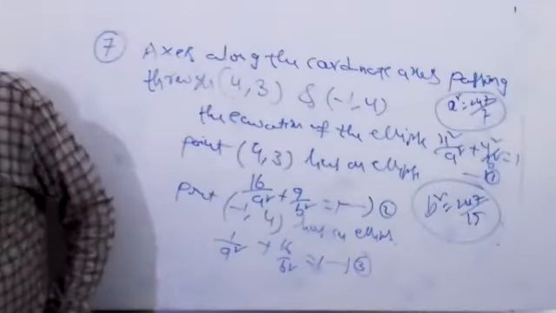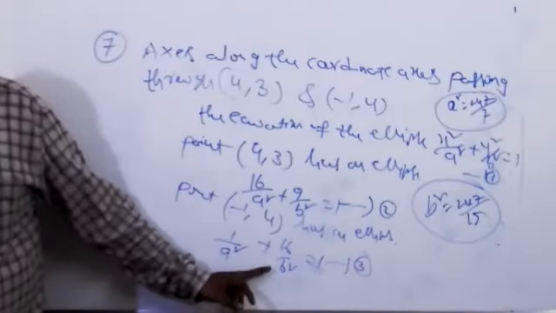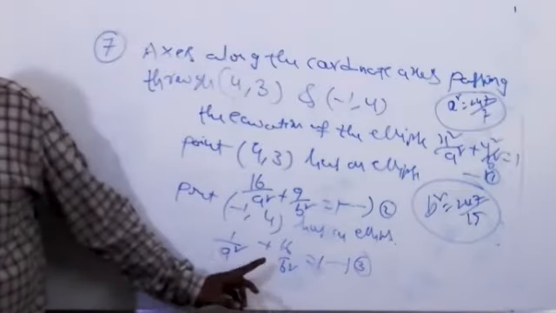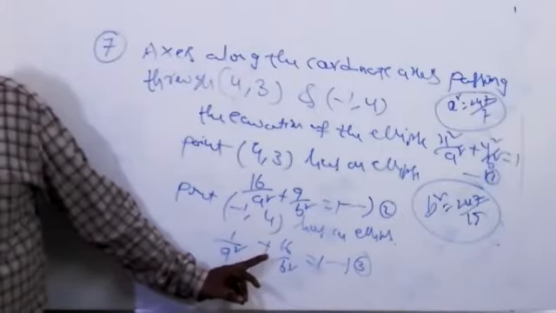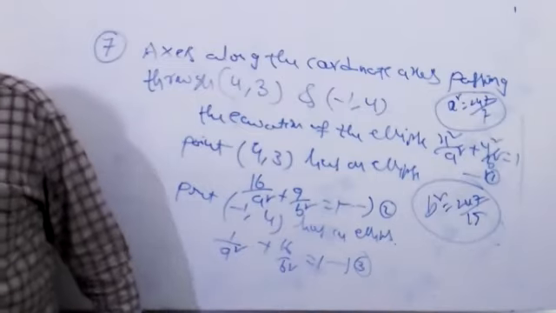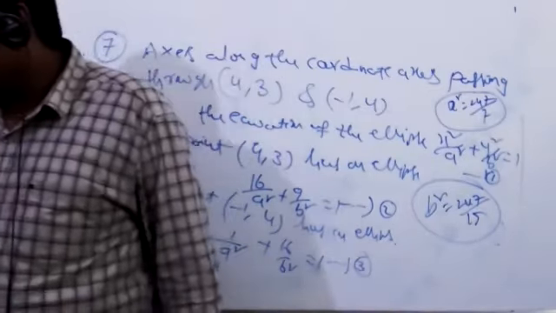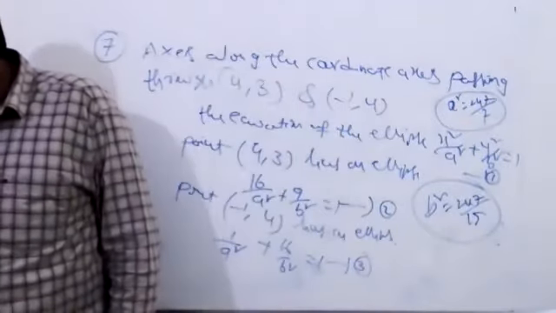Understood? Third equation, multiplying both sides. Sir, I wrote the equations as 16 by b square plus 9 by a square is equal to 1. So it can be anything, right? Because the axis isn't specified.